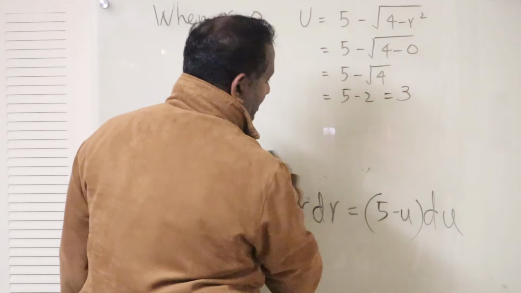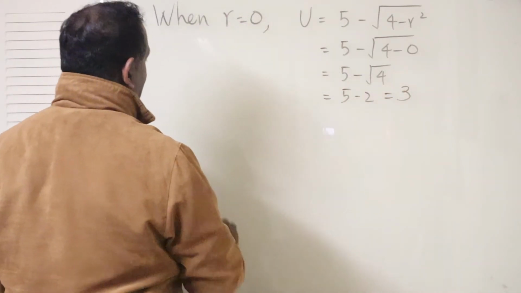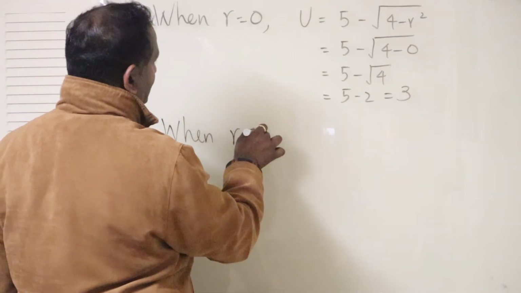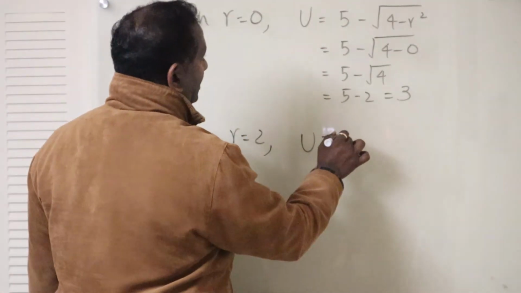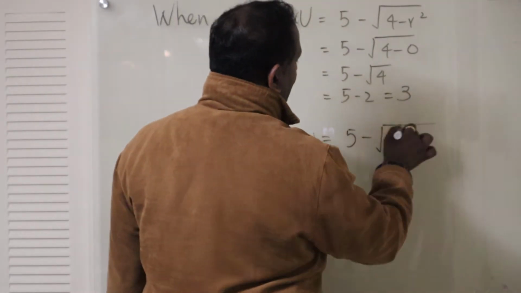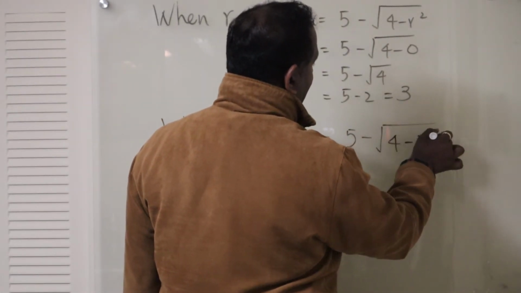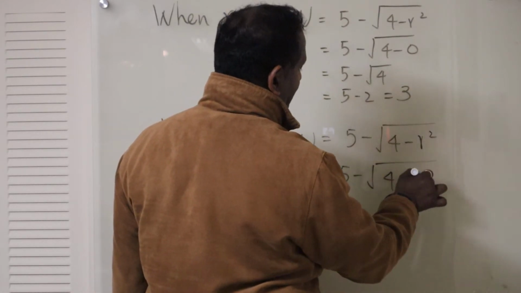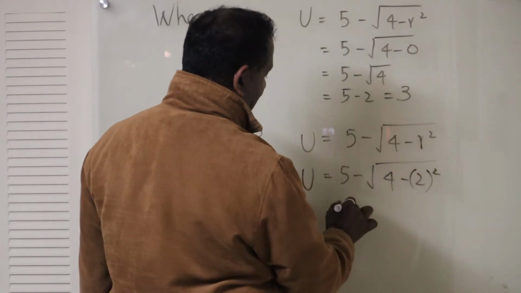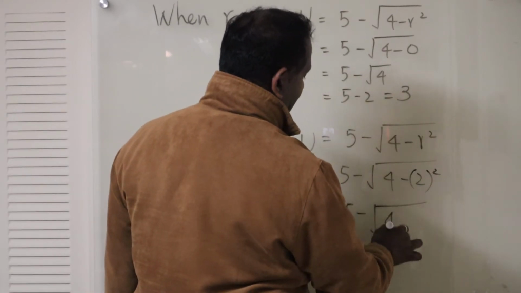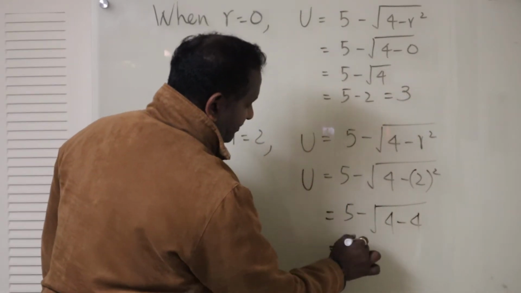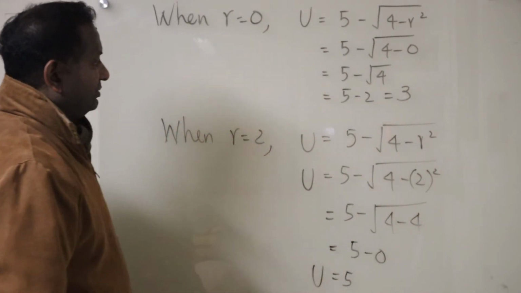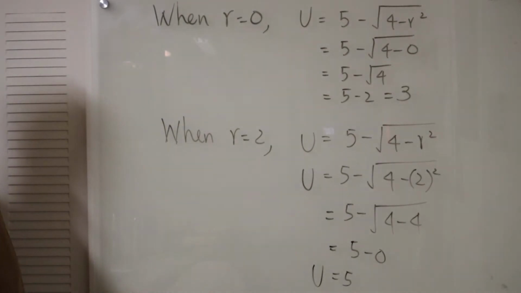Then we change the other bound. This is the lower bound, this is the upper bound. When r equals 2, u equals 5 minus the square root of 4 minus 2 squared, which is 5 minus 0, which is 5. So these are the new bounds, 3 and 5.